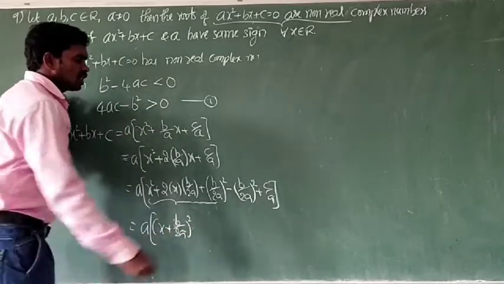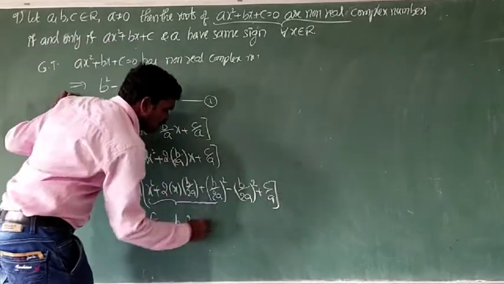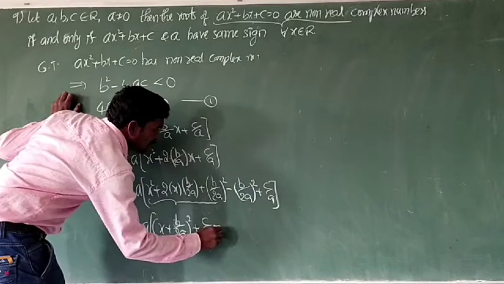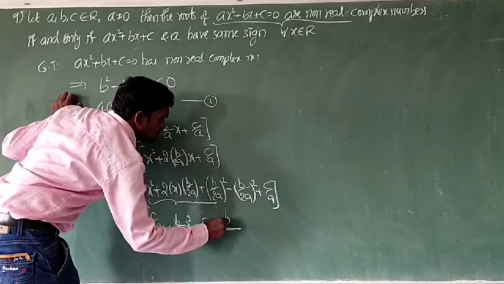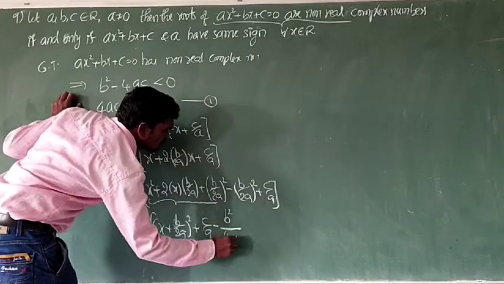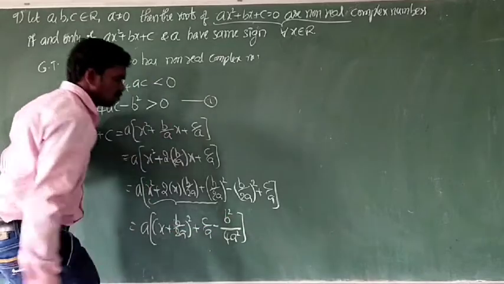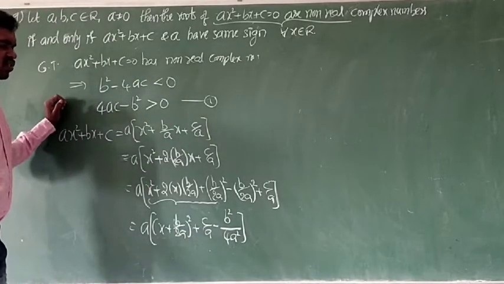And the remaining terms, plus c by a, I am writing first of all, minus b square by 2a whole square, means b square by 4a square.